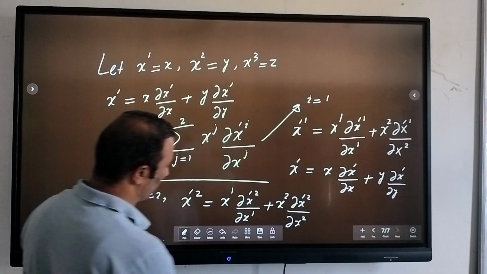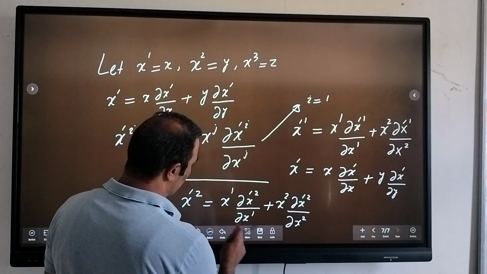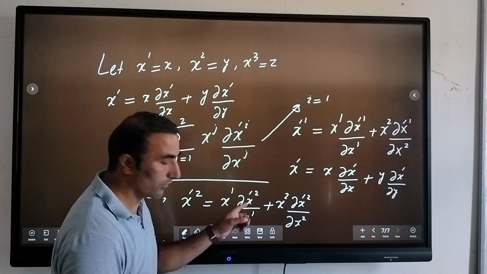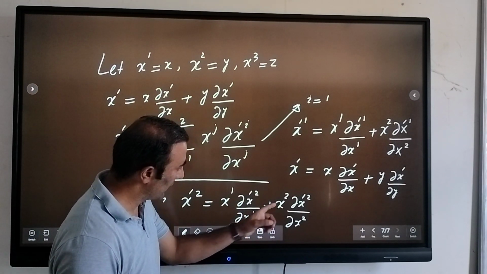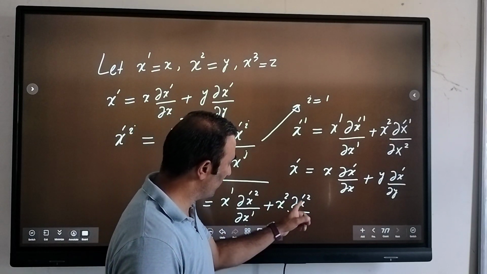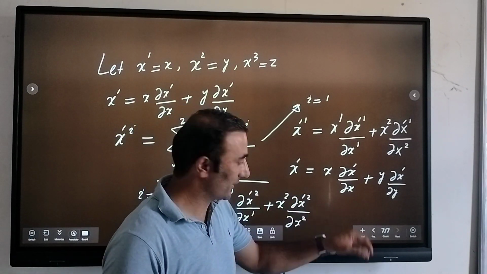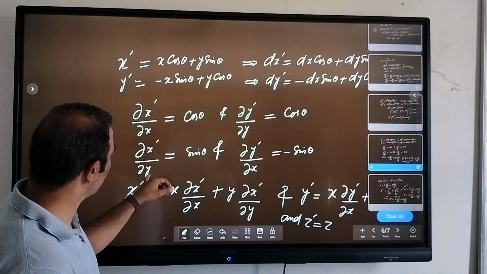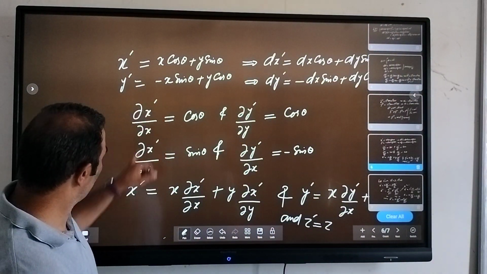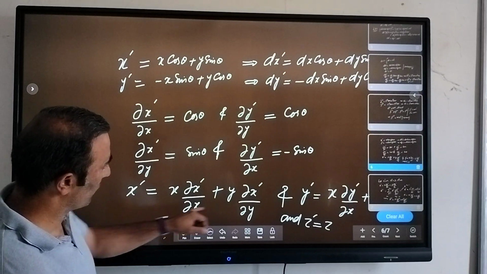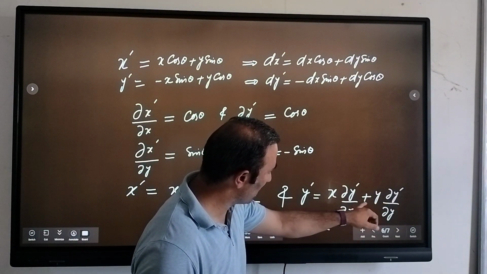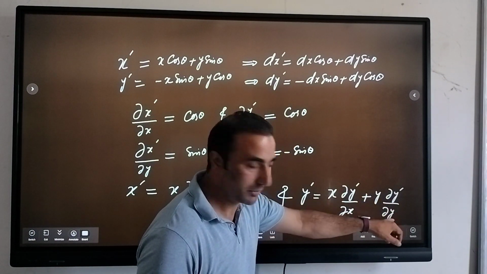So this term, if you remember, will be equal to x partial y prime by partial x plus y partial y prime by partial y. So this is our second transformation equation. Just check it. That means y prime is equal to x partial y prime by partial x plus y partial y prime by partial y.